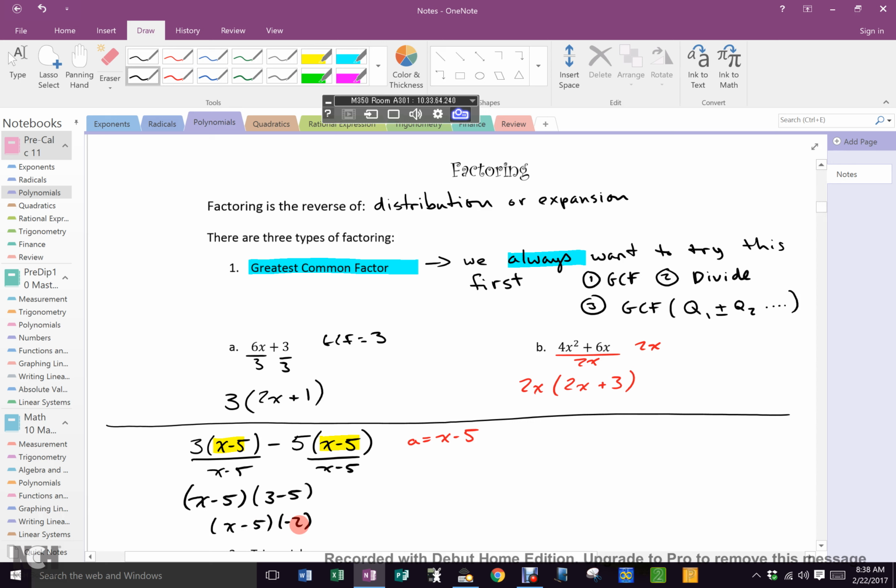Okay. Then what do I do if it looks like this? 2x, x minus 5, plus 3, 5 minus x. What would you do, Bryce? Multiply by negative 1. Not multiply, divide by negative 1. Sorry. To which factor?